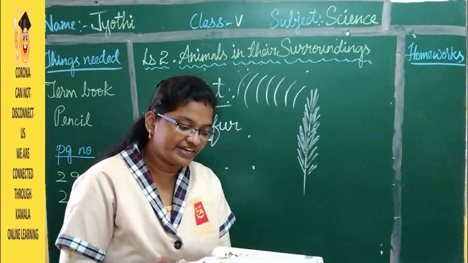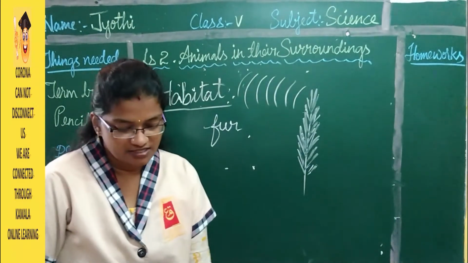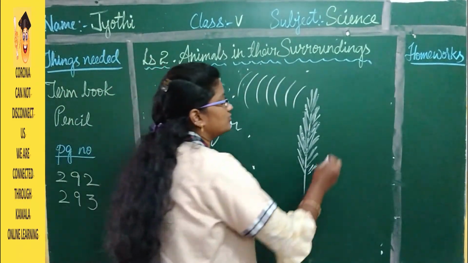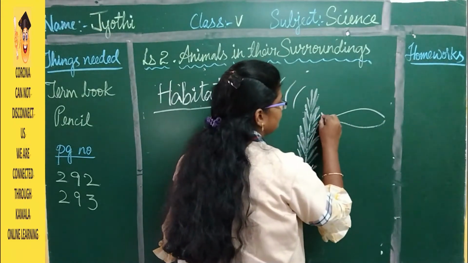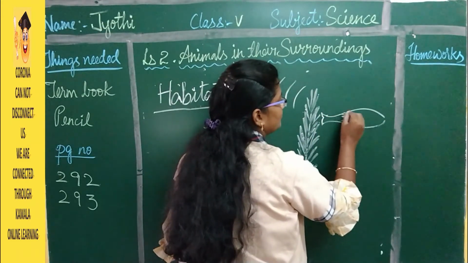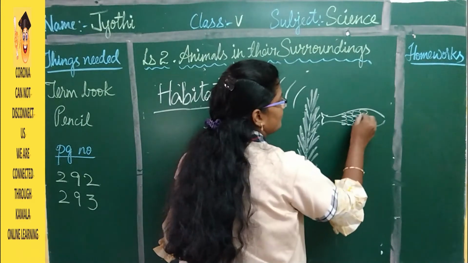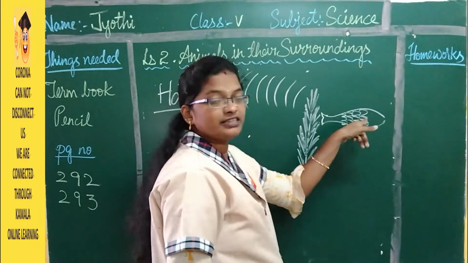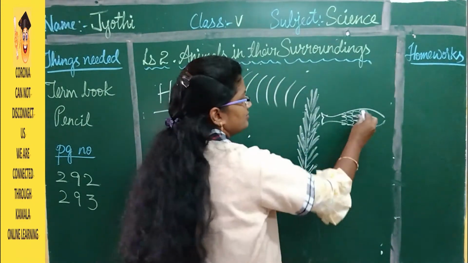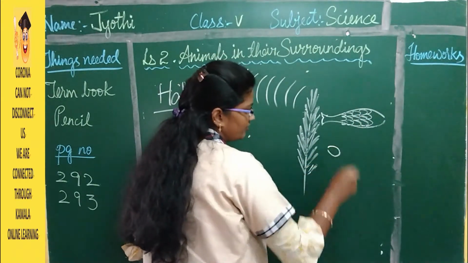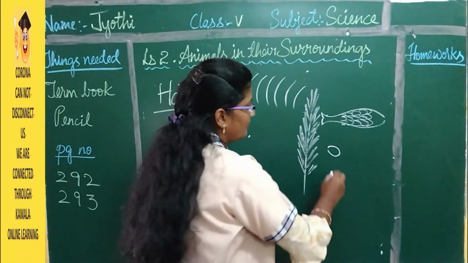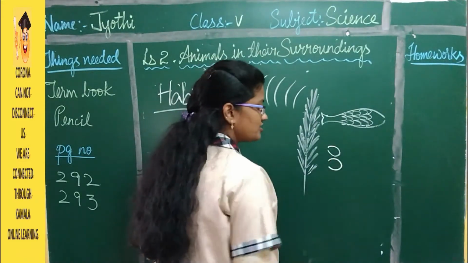And fishes have wet and slimy scales. Whenever you draw a fish, you draw like this, right? So these are nothing but the scales. These scales will be in the form of a C shape, a reverse C shape.